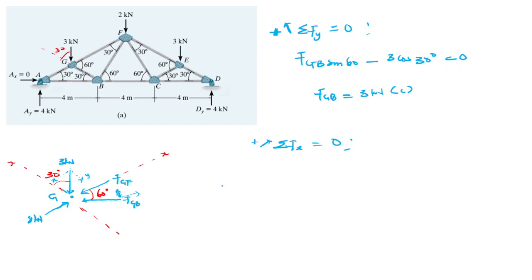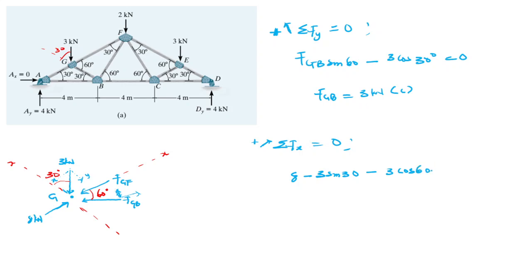So it will now be 8 kilonewtons, because we already have 8 kilonewtons in that direction, minus 3 sine 30 degrees, because this is the sine angle facing the horizontal. Minus the value of FGB, which is 3, cos 60.